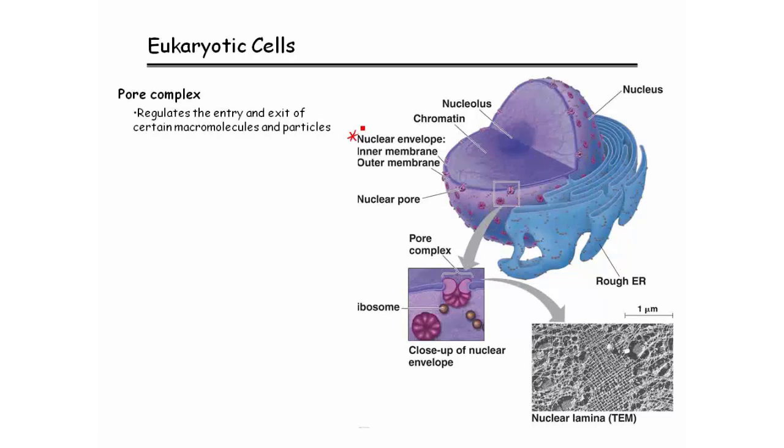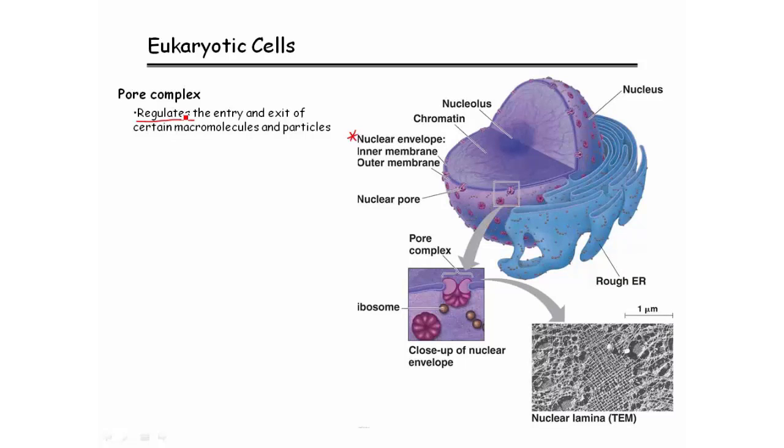So we want to point out that on the surface of the nucleus, on that nuclear envelope, there are what we call pore complexes. These pore complexes are going to be little protein structures that provide essentially a little tunnel that molecules can both enter the nucleus and exit the nucleus. Now, this is not to say that it is an unregulated entry and exit. It will certainly be regulated.